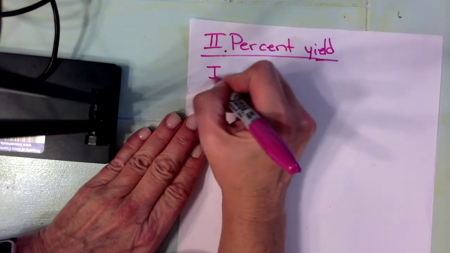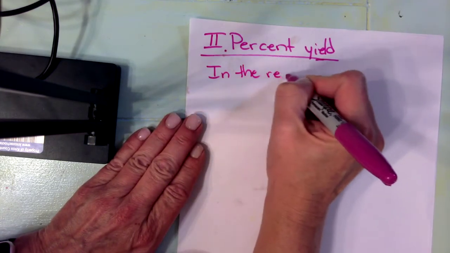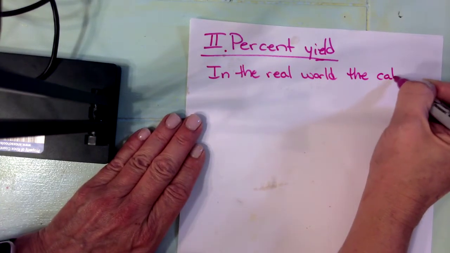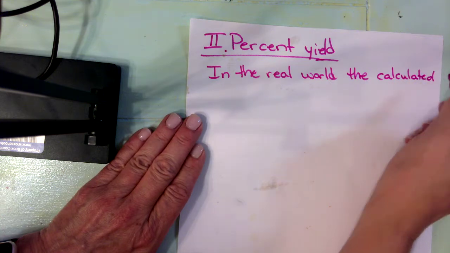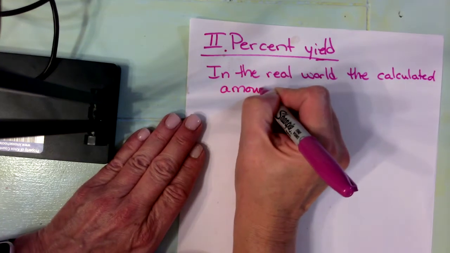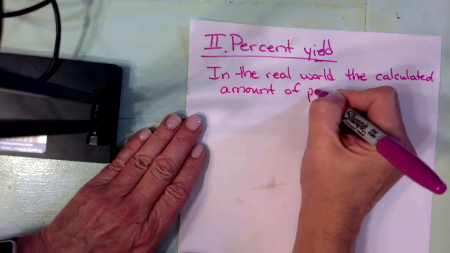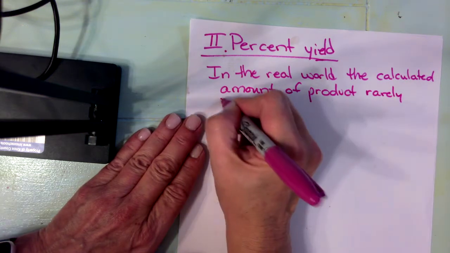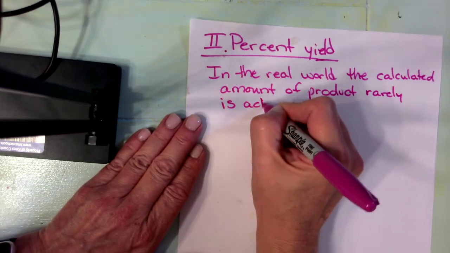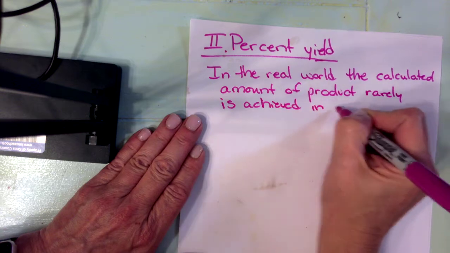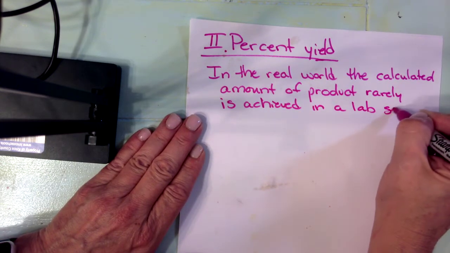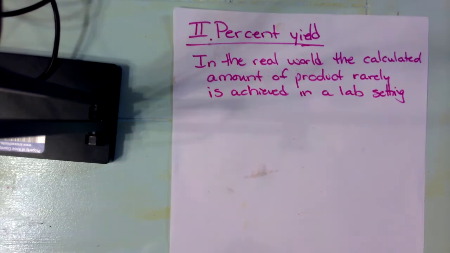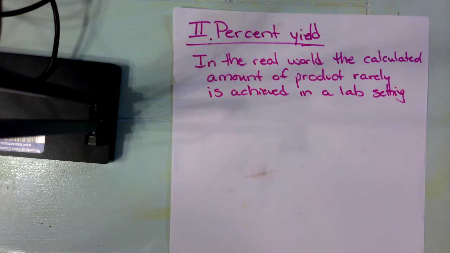So in the real world, the calculated amount of product is rarely achieved in a lab setting. Even with the best of our abilities, it is very rare that we actually produce 100% of what we expected.